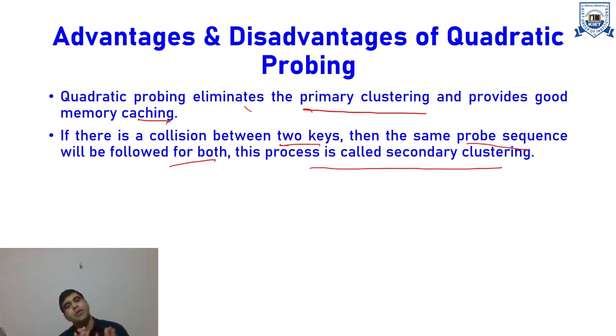It will create not primary clustering, but clusters tend to be spread over the hash table, right? So this is the problem with quadratic probing. Otherwise it removes the primary clustering problem, right?